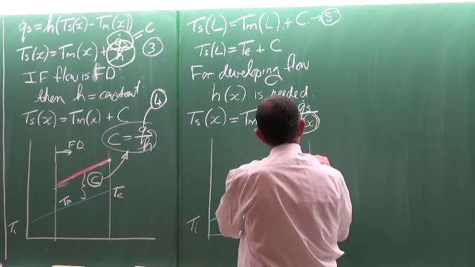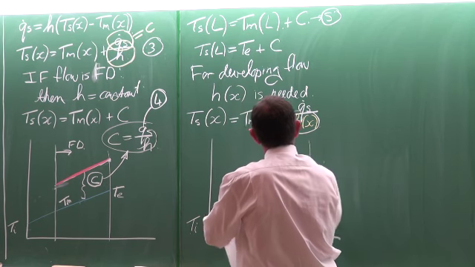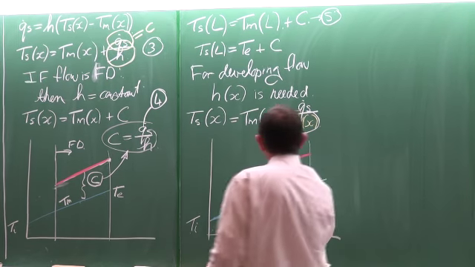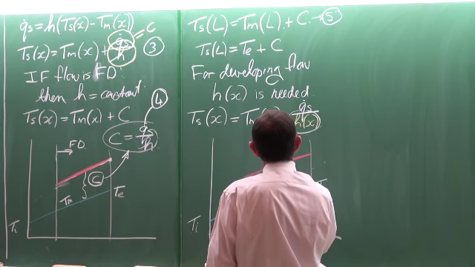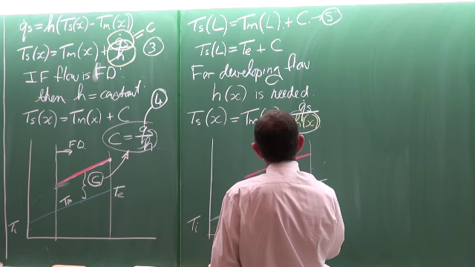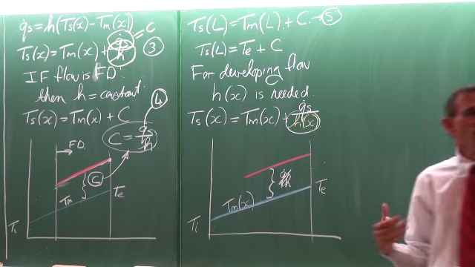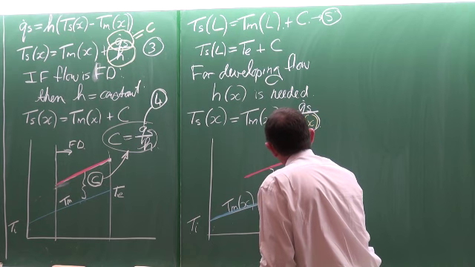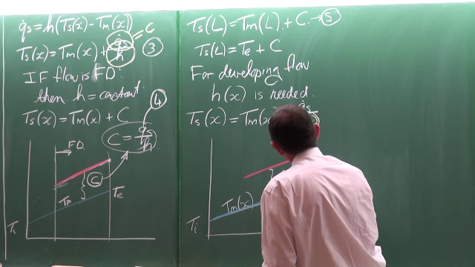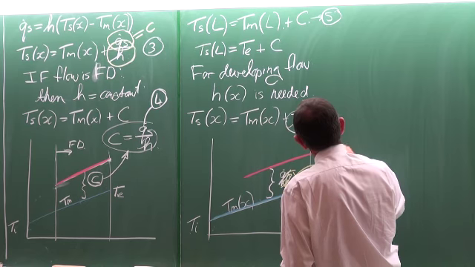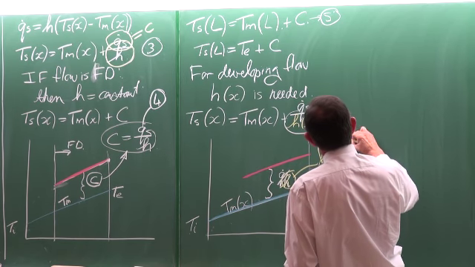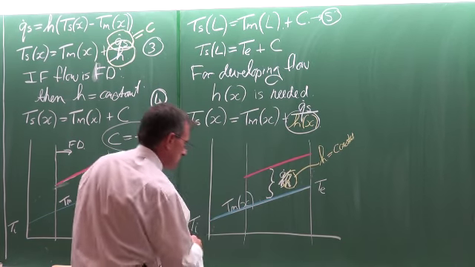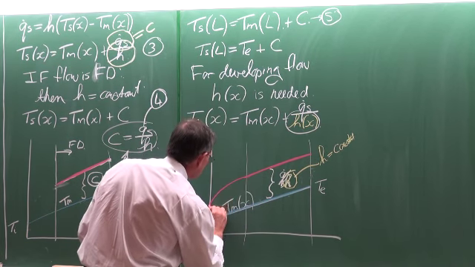The surface temperature here would be parallel to that line, a constant difference C, which is equal to the heat flux divided by the heat transfer coefficient. Take note, this is where the heat transfer coefficient is a constant. And to complete it, you get something like that.